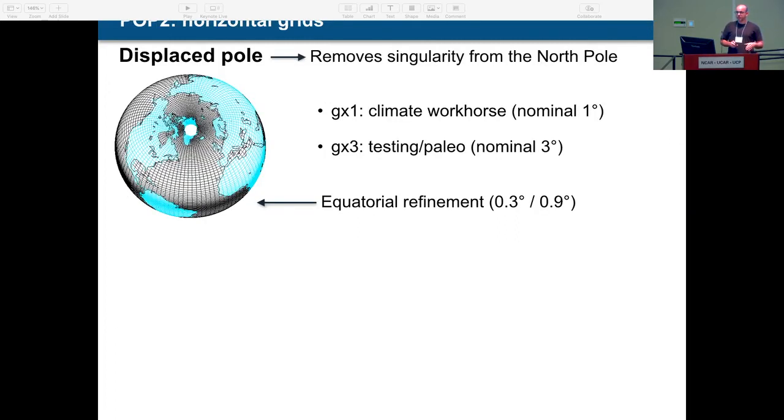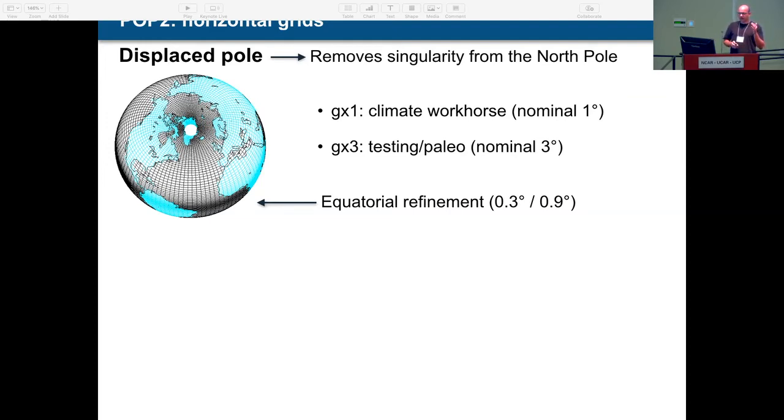These are the grids used in the POP model. The first one, the one you are using, is the displaced pole. Notice that the pole, instead of being in the middle of the Arctic, has been displaced to on top of Greenland. This removes the singularity from the ocean, because otherwise it's a problem: all the cells converge into a single point. The GX1 is the workhorse grid that you are running. We also have the GX3, the 3-degree version used mostly for testing and in paleo.